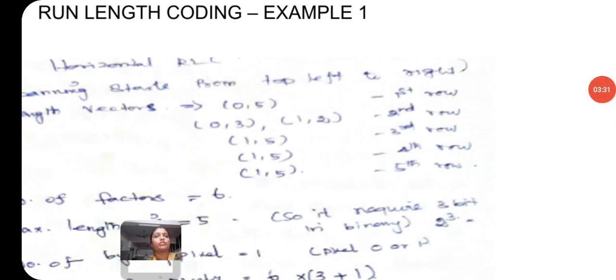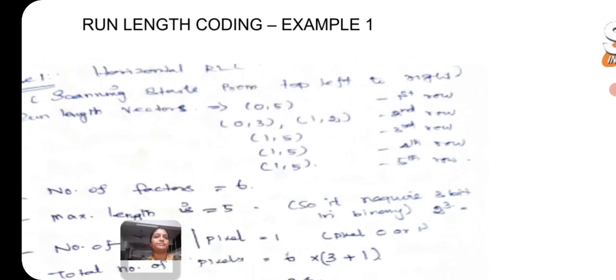In the fourth row, another run of 5 ones, so the RLC output is again 1, 5, and similarly for the fifth row, the RLC output is 1, 5. So the complete RLC output for the 5 cross 5 image is: row 1: 0, 5; row 2: 0, 3 and 1, 2; third row 1, 5; fourth row 1, 5; and fifth row also 1, 5. So the entire image can be represented using run length coding.